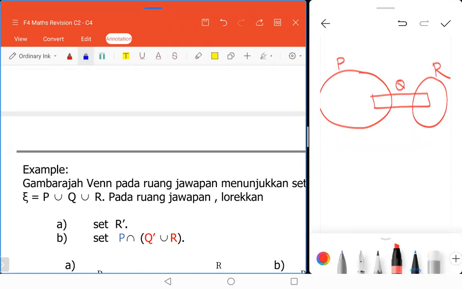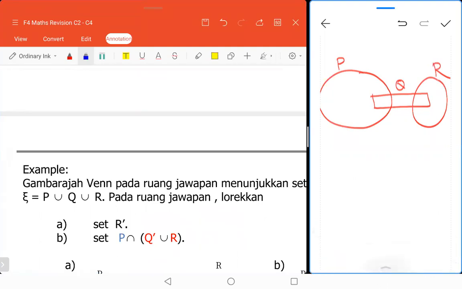So complement of R. So this is R, set R. Except for R, we do not shade. So we shade the other parts. Right, stop here. Because the other area is considered as set R. So you should shade here only.